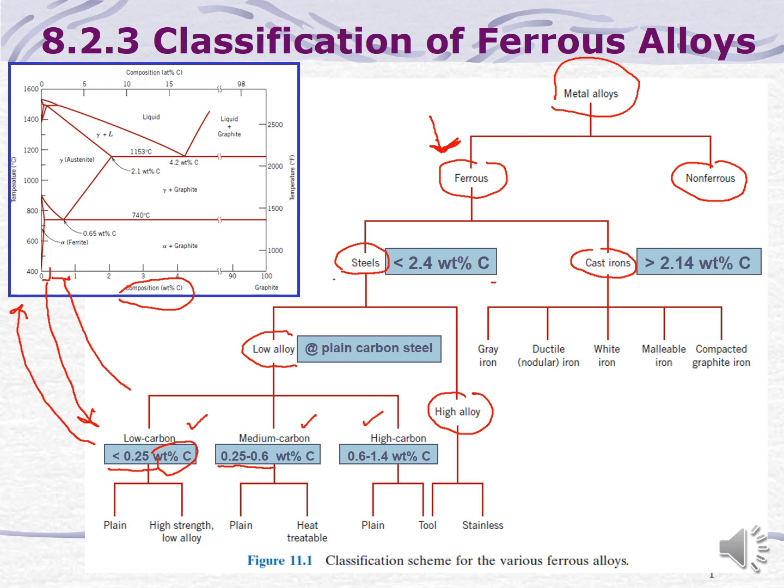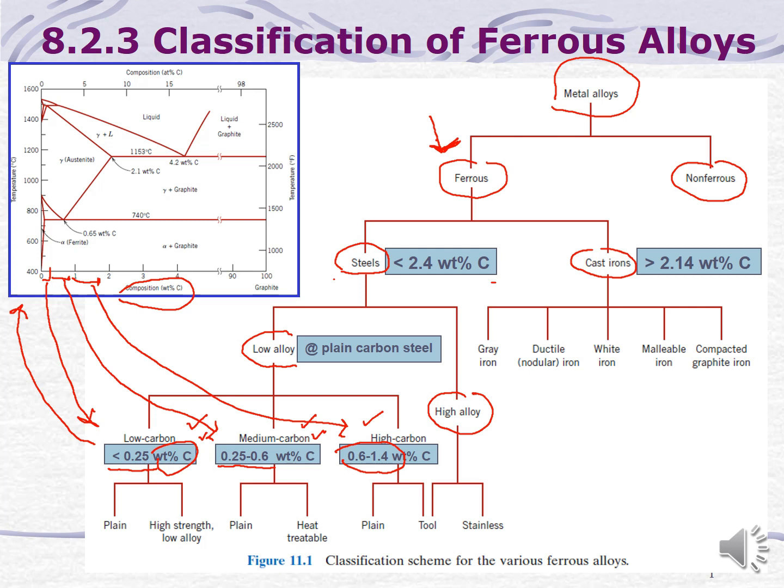So this composition belongs to the medium carbon steel. For the high carbon steel, the percent of carbon is between 0.6 and 1.4, meaning that it has a high percent of carbon compared to the low and medium carbon.